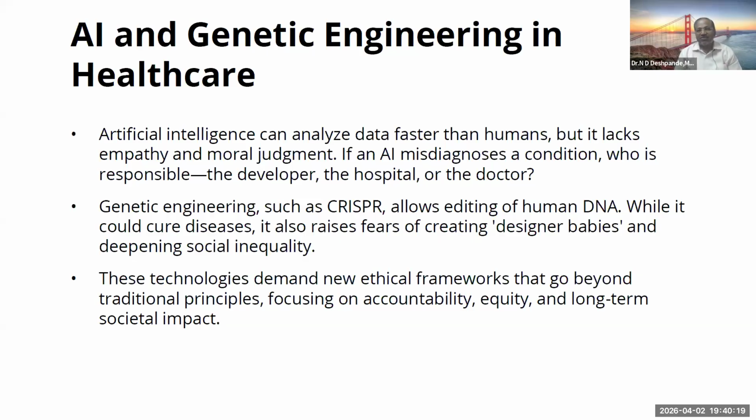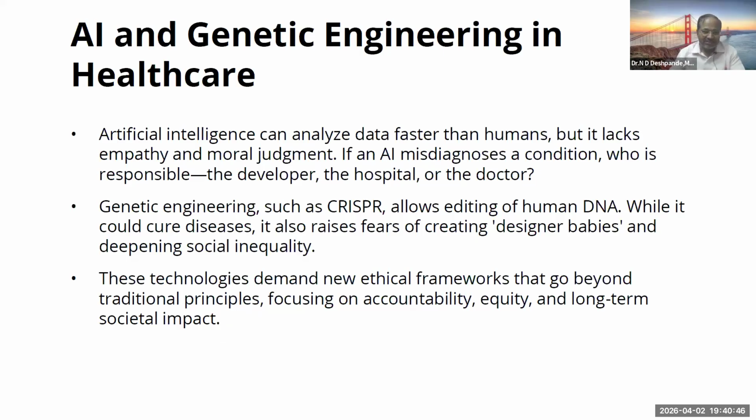So genetic engineering, in a way, could be harmful if the decisions are not balanced with autonomy and respect. So these technologies demand ethical frameworks that go beyond traditional principles, focusing on accountability: who ultimately is accountable for undergoing such changes, both at the cosmetic level as well as the treatment level. So equity and long-term social impact also have to be seen from that angle.